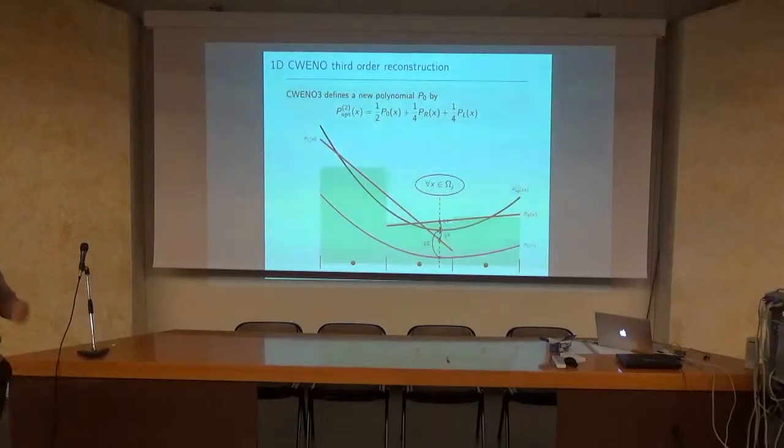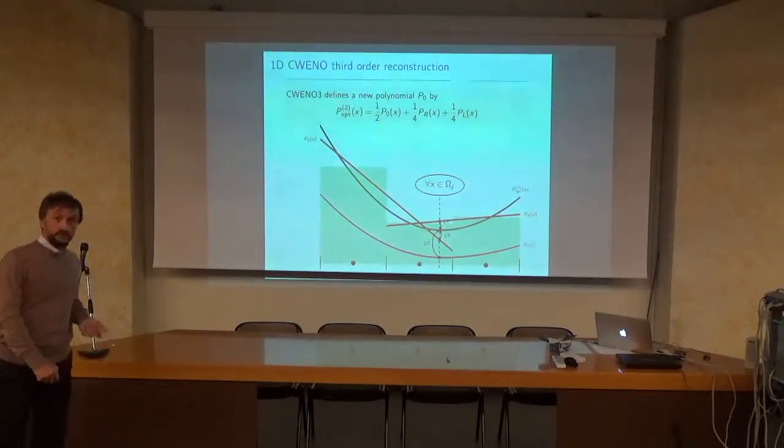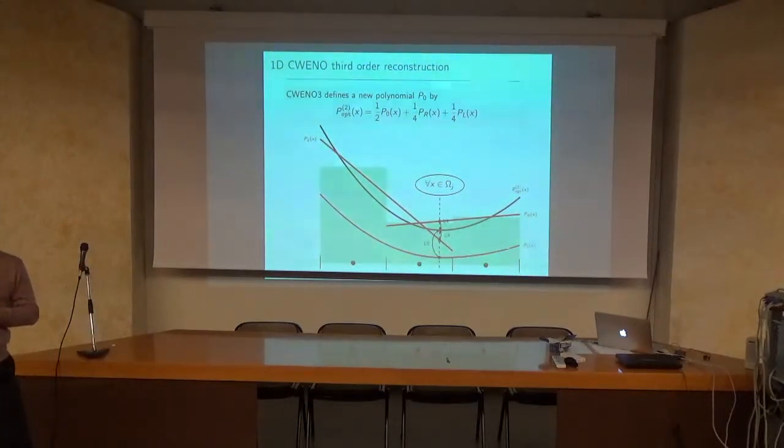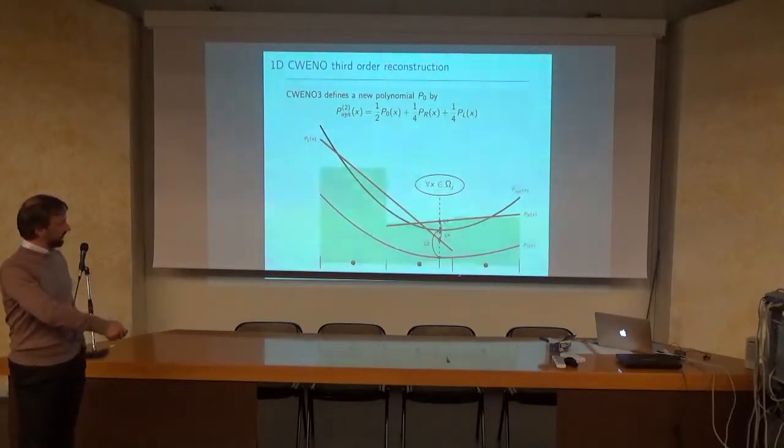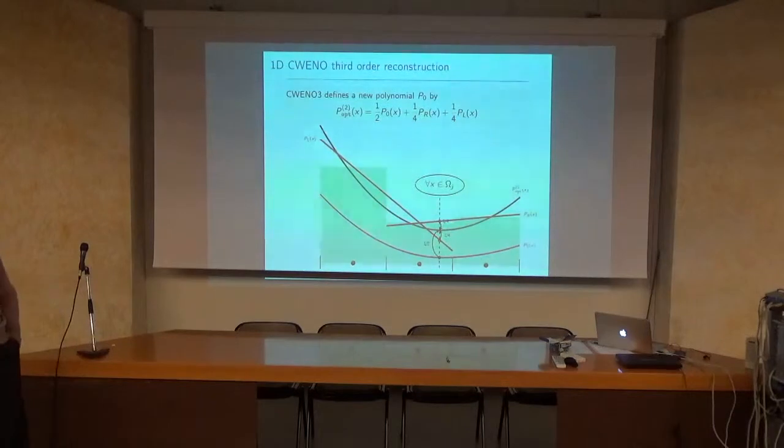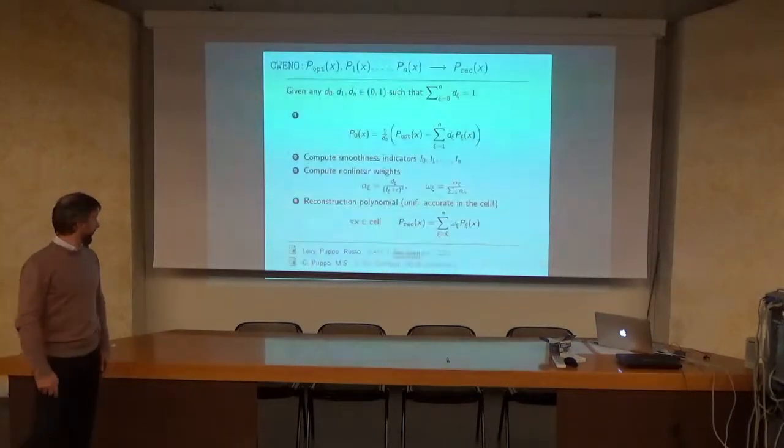Okay? So I can reconstruct at every point, even at the center, and the coefficients do not depend on the mesh anymore, which means that they do not depend on the mesh topology. If you remember with CWENO3, I have to use special coefficients on the right and special coefficients on the left, and they depend on the size of the neighbors.